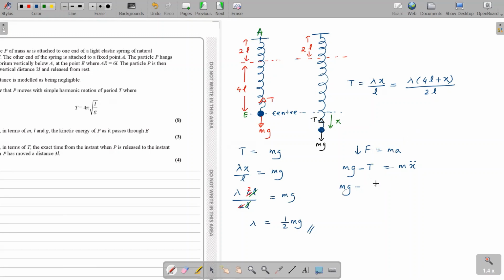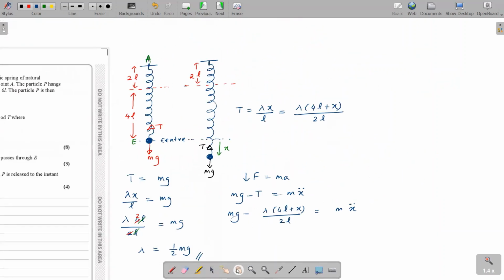So mg minus lambda times (4L plus x) divided by 2L equals m x double dot, where the particle has mass m. Let's simplify.